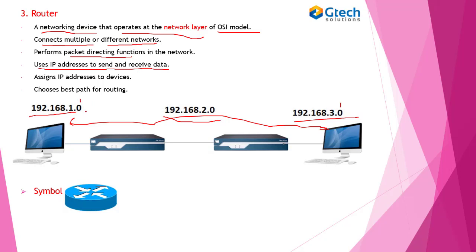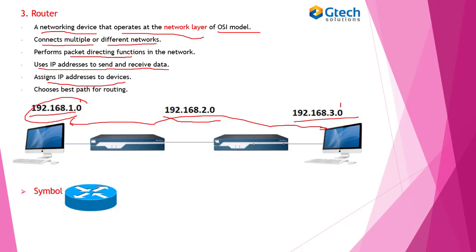Like this one, it will use the IP address of this computer. This is the network portion. So the IP address will be like 192.168.1.1, going forward, like this one also .1.